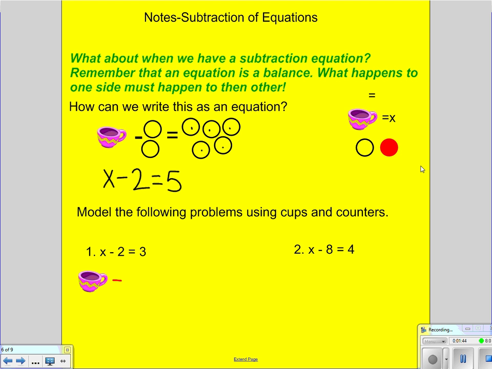How many 2's do I have, positive or negative? 2 positives. So I'm going to bring 2 positives over. 1, 2. And what does that equal? 3 positives. So I'm going to bring 3 positives over. 1, 2, and 3. Okay? Let's see if you can model the second one.